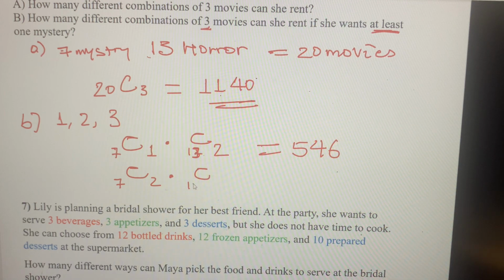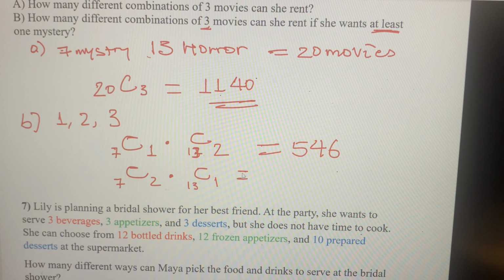Out of 13, to make 3 it's just 1. So this is C(7,2) times C(13,1), which gives you 273.